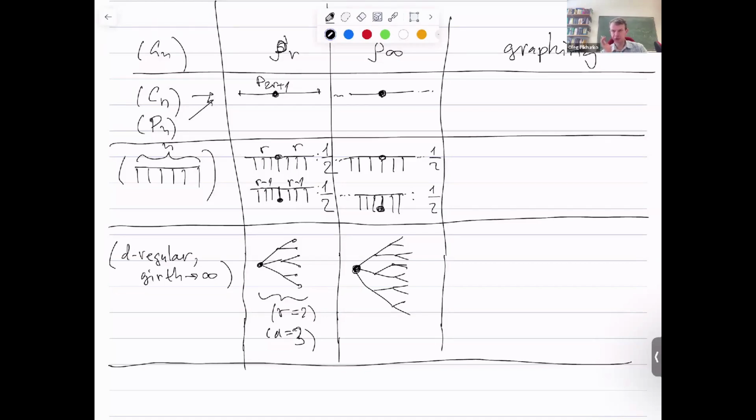And you can easily get more complicated distributions. For example, this rho infinity could have a support of size continuum quite easily, because the graphs which I considered here are, in some sense, very homogeneous.